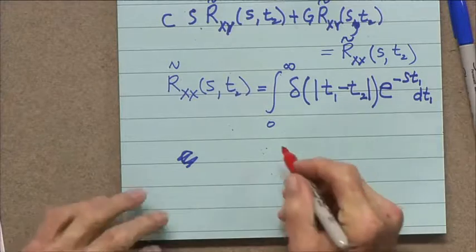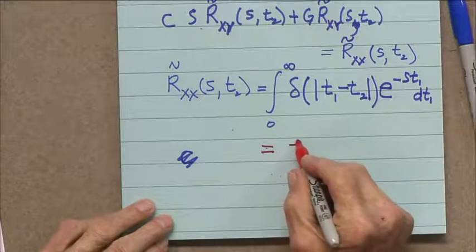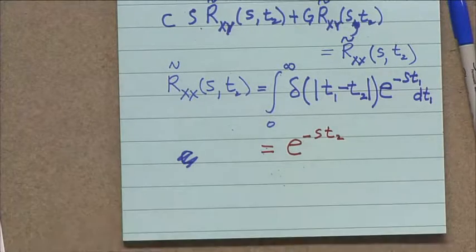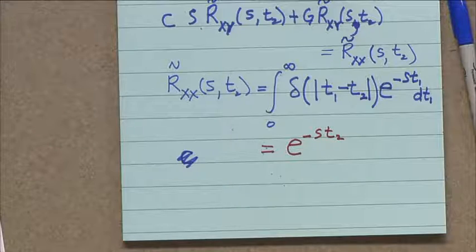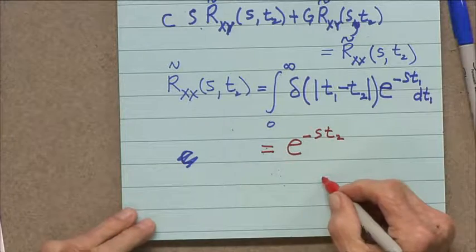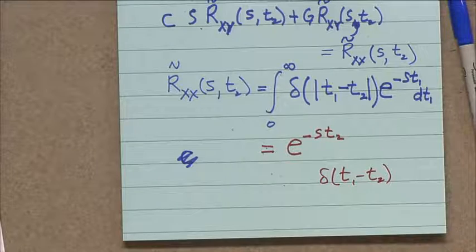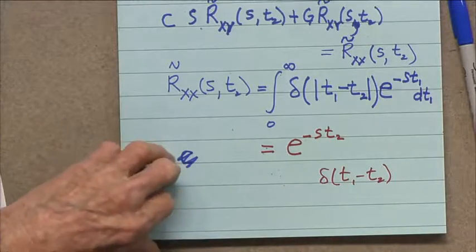Do you think this is equal to e to the minus st2? What do you think? I know if you just had delta T1 minus T2, that'd be easy to integrate.